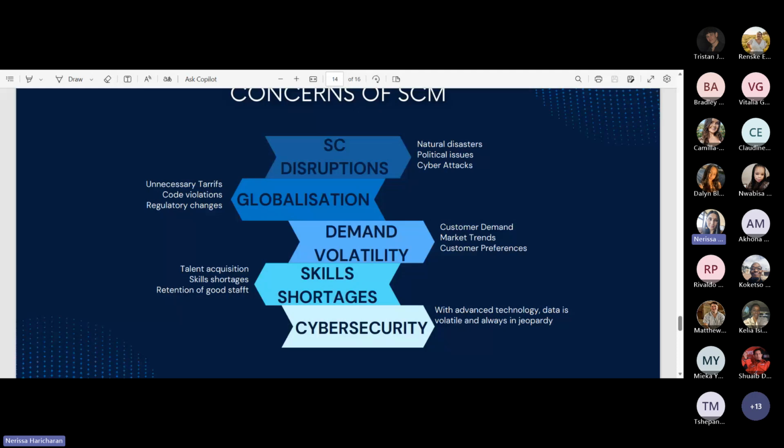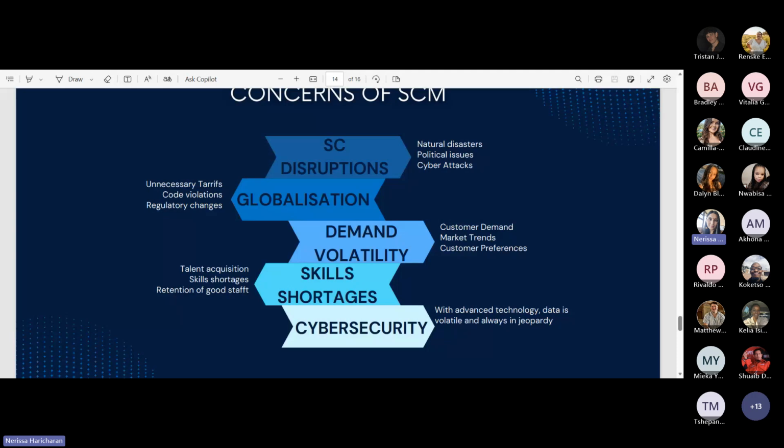So a lot of it can lead to delays, a lot of it can lead to shortages, a lot more cost because you now have to pull from Peter and pay Paul, and finally can have a lot of customer dissatisfaction.